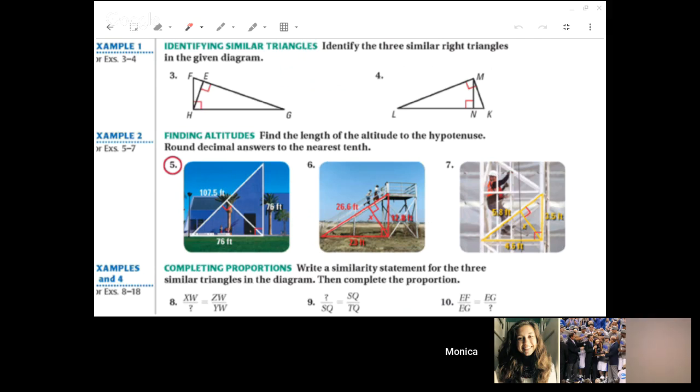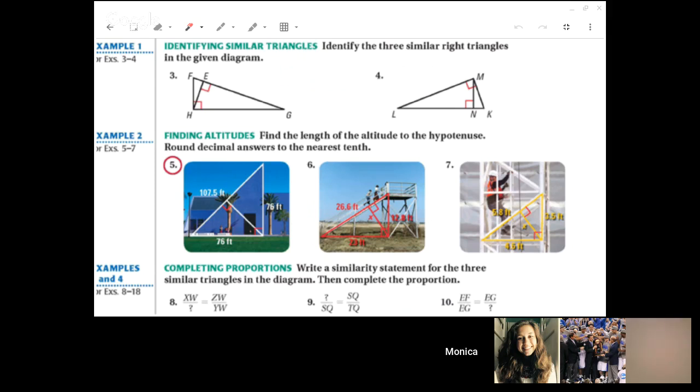Okay, so for number 6, if we look at that triangle, for the big triangle, we have all 3 measurements, right? So then let's look at that little triangle. Okay, you see the smaller triangle? X would be your long side, right? And then 12.8 is your hypotenuse of the small triangle.